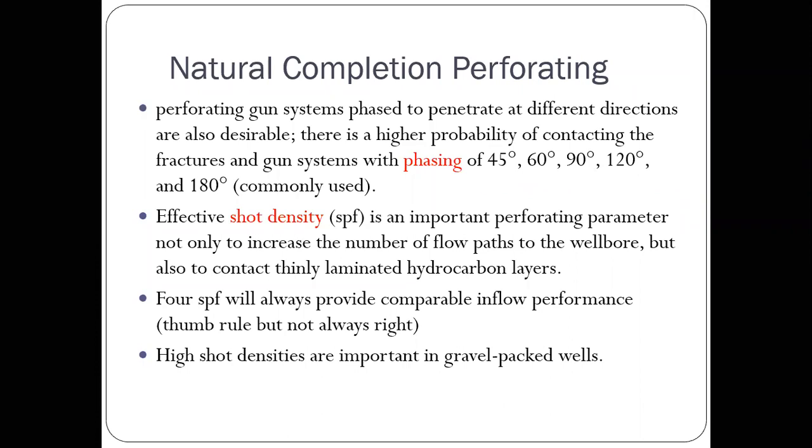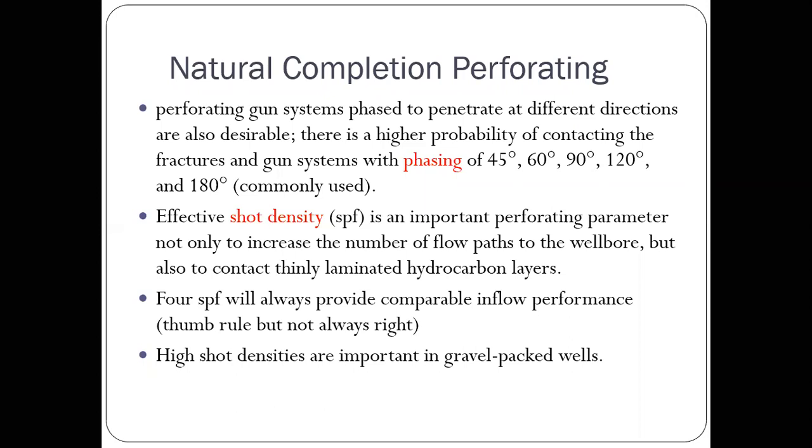I agree with you. It depends on the compressive strength of the rock. But here we are talking about natural completion perforating. You can assume that it is a cased and perforated well completion, and in future we are not going for any hydrofracturing treatment. In that case, due to drilling you have damaged the formation, and if you are not able to bypass this damage zone while perforating, you will have a very high positive skin factor, and your production rate will be quite low.